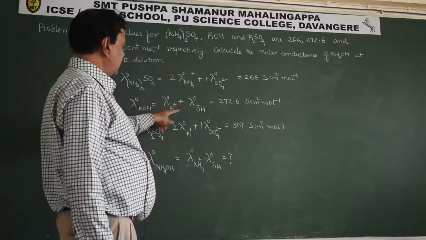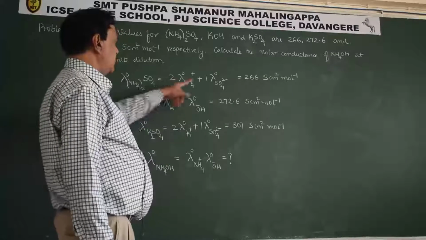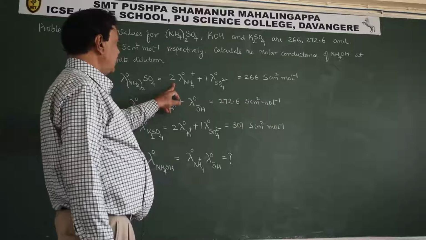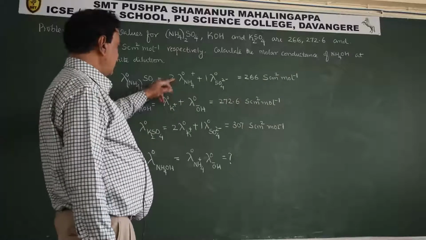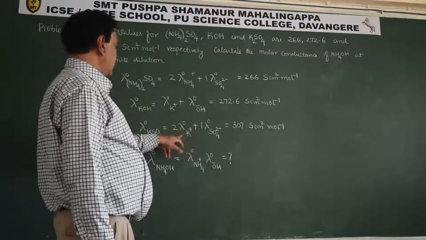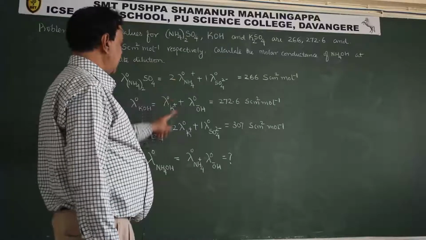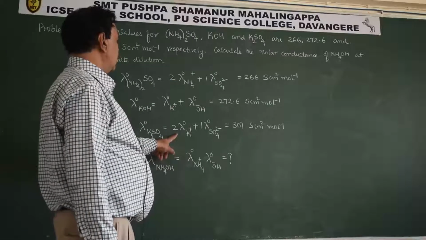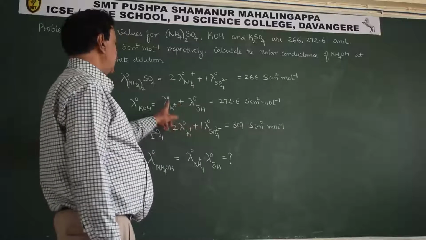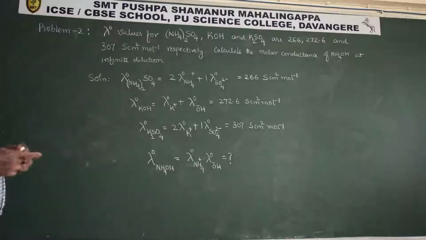You have to add equation number 1 and 2 and subtract equation number 3. But you have to ensure that half of the ammonium ion is required and the hydroxyl ion as such, and cancel out the other values. The coefficient is 2 here and 2 here, and 1 here, so you have to reorganize using simple addition and multiplication.